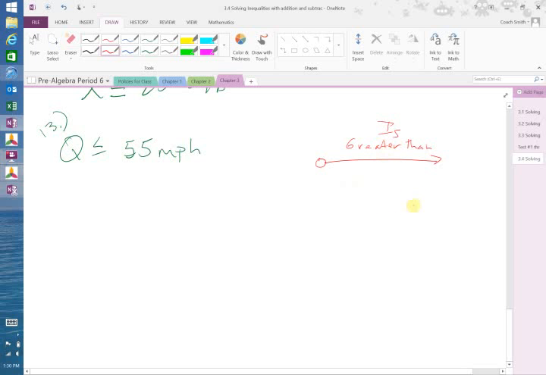If an arrow goes this way, that is less than. If the arrow points to the left, it's less than. The arrow points to the right, it's greater than. It's number 17. So tell me, what is the inequality for number 17?